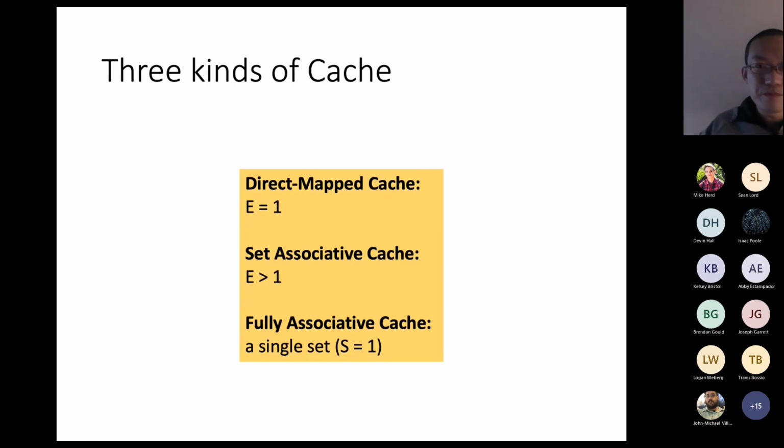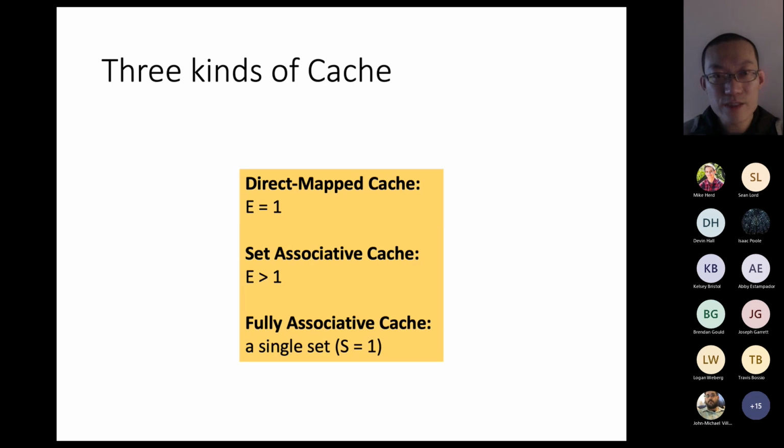Let's look at the different kinds of cache. There are 3 kinds of cache based on different parameters. The first kind is called the direct mapped cache. In this cache, we have 1 line per set. The second is called a set associative cache.